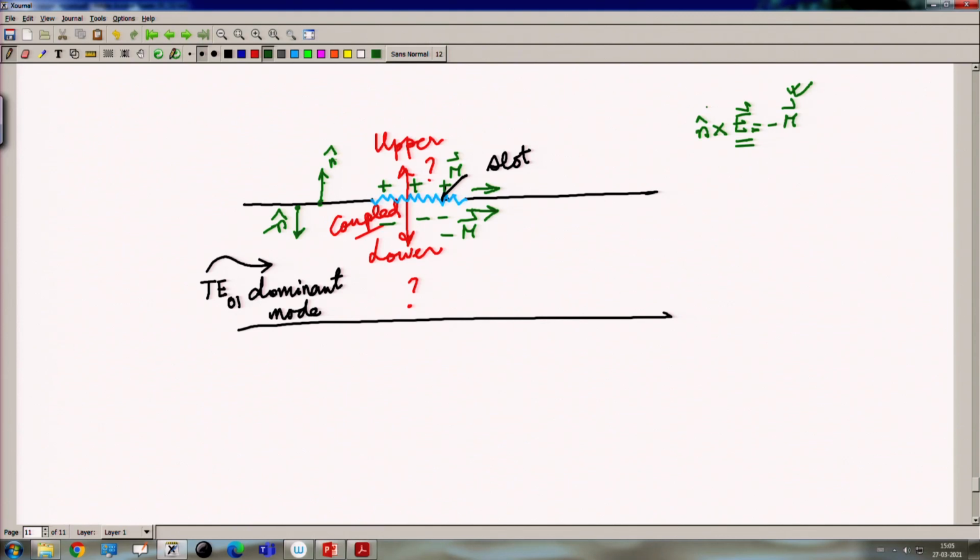So, because of the reversal in sign of the normal, the value of the tangential electric field just on the upper surface and on the lower surface are the same.